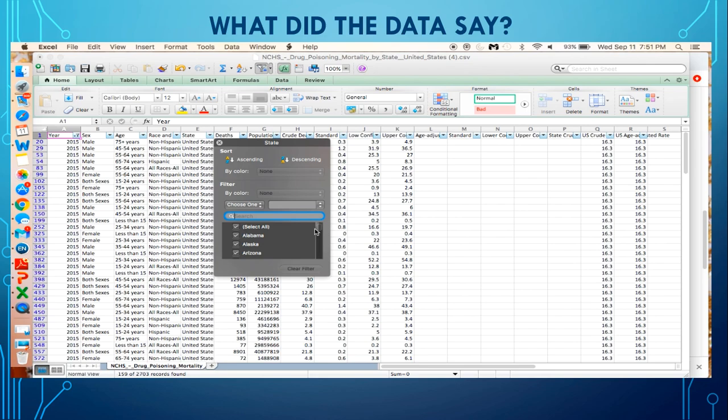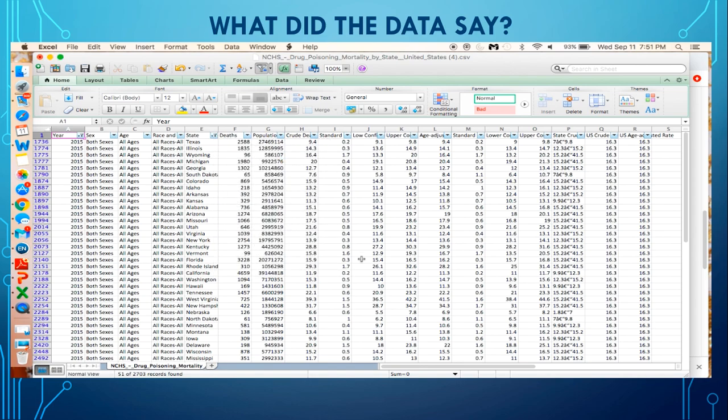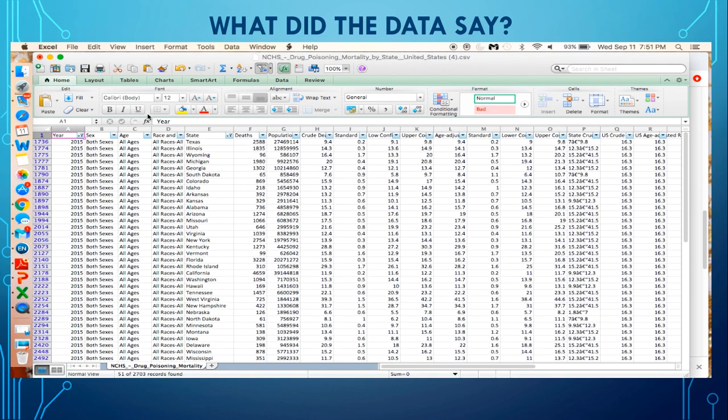Since we wanted to know information on each state individually, we unclicked the United States and left each individual state clicked. Because we want to know the state with the highest death rate, we decided to filter the deaths from ascending to descending, so it puts the highest rate at the top.